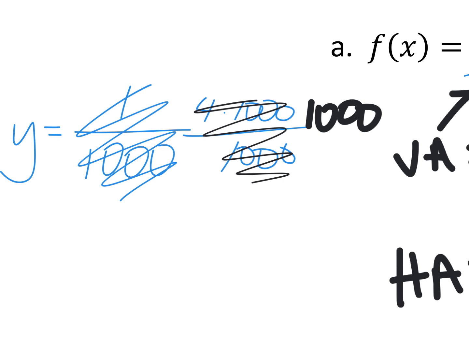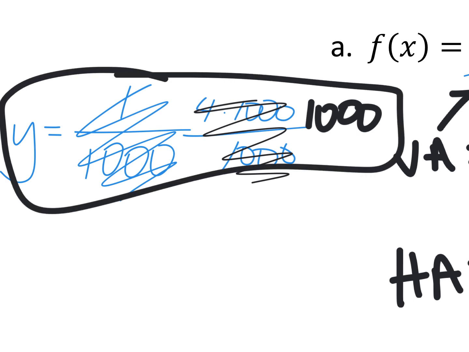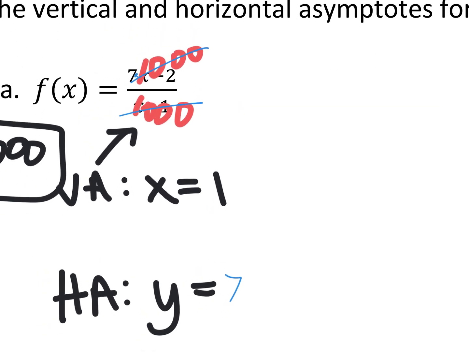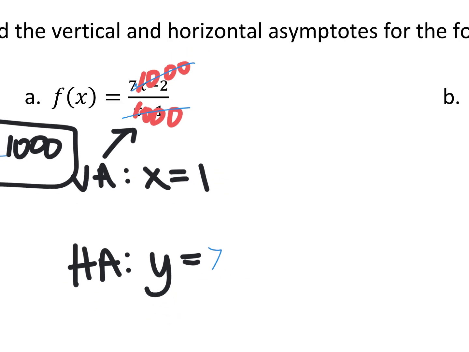That means there isn't any asymptote. Because if you put in 1,000 and it just goes up to 1,000, x is 1,000 and y is 1,000, it's not stopping. There's no asymptote. It just keeps going. So if you ever put in 1,000 and you get something like 1,000 back out, that means there's no asymptotes. All right, so those are the ways that this could possibly come out. In this case, we had 7 times 1,000 over 1,000, and that simplified to y equals 7. That's where the horizontal asymptote was.